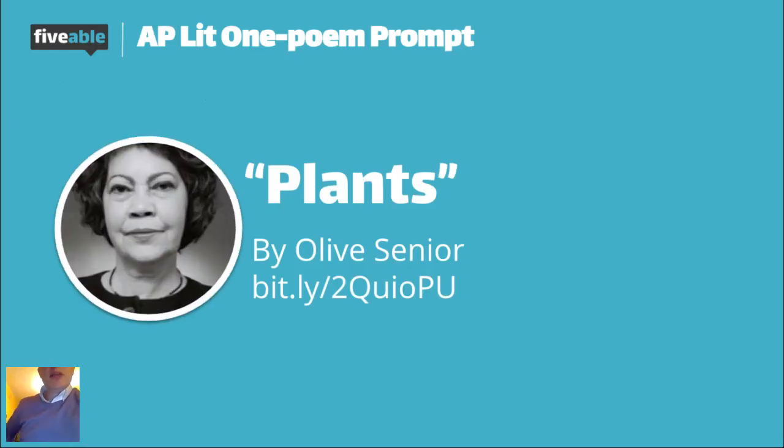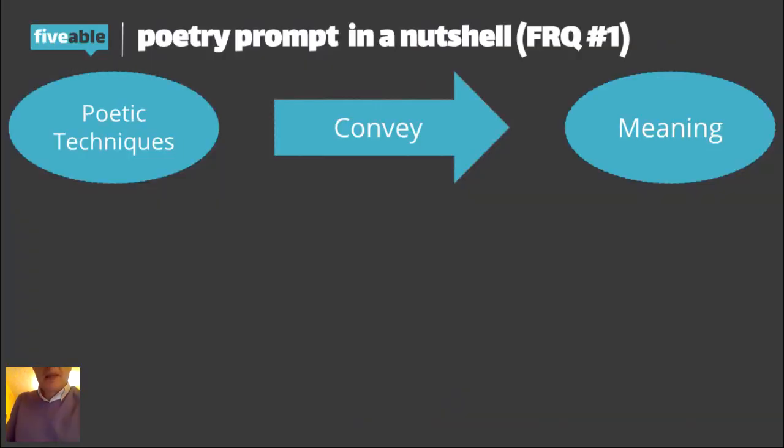Today, we're going to be doing Plants by Olive Senior. And this threw some people for a loop last year. But if you haven't accessed it already, I think it would be a good idea to go here. It is on the second page of the free response questions. Okay, it's actually all the free response questions from 2018.